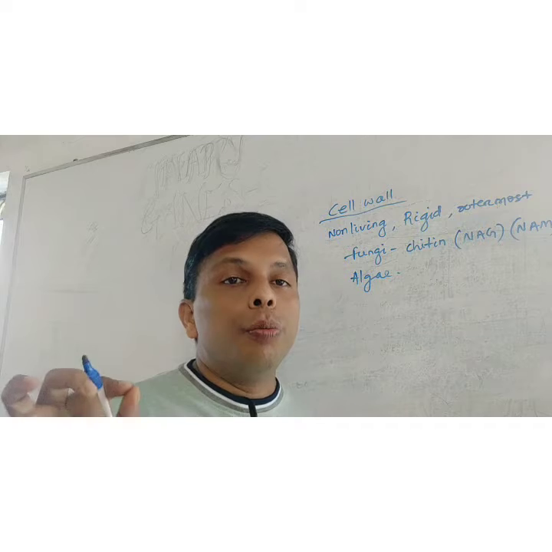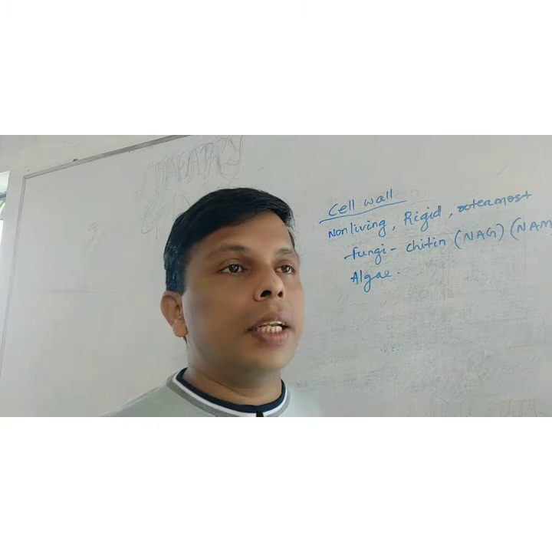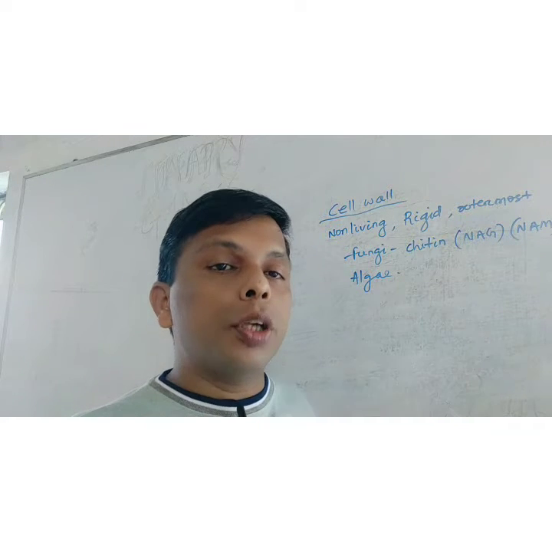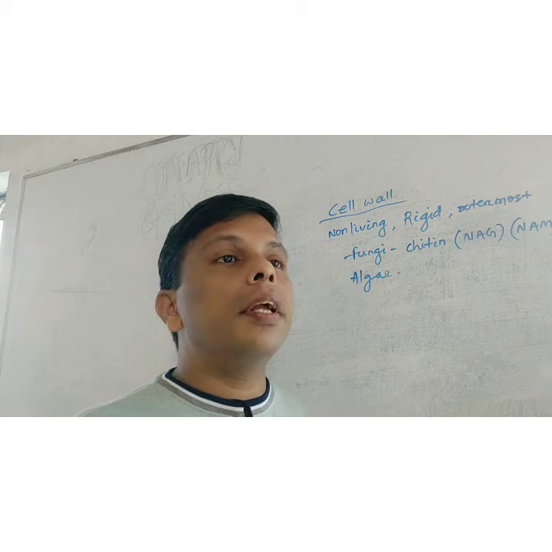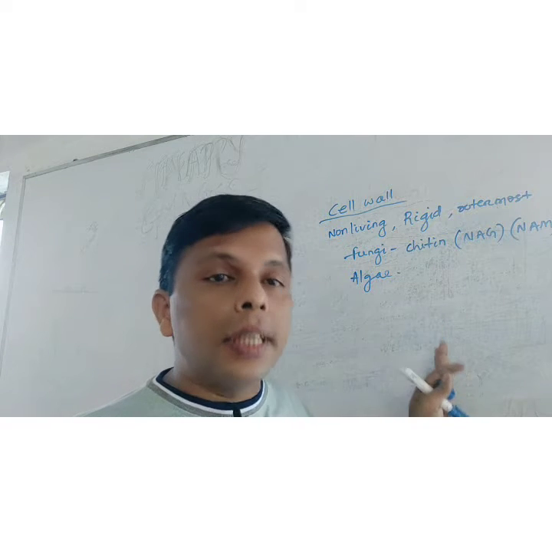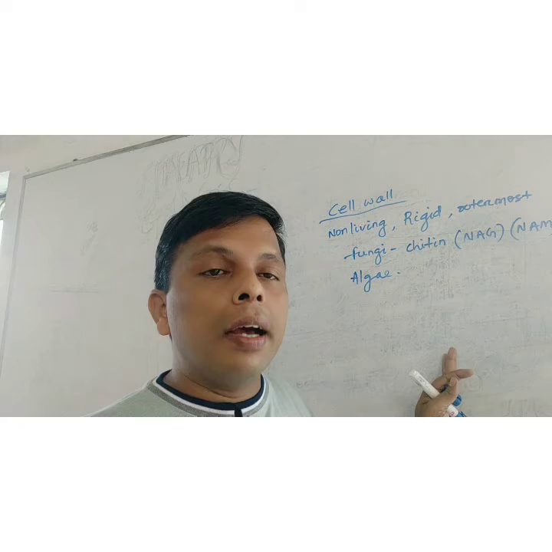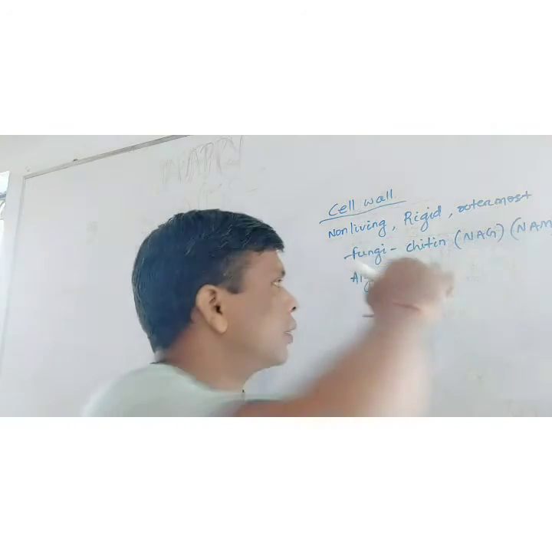These are the basic composition of the fungal cell wall. In the case of algae, it is formed of cellulose, galactans, mannans.